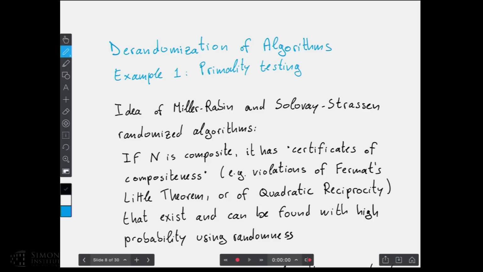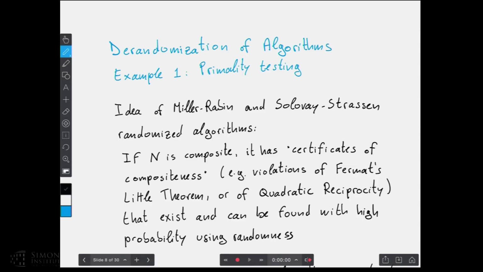One example is primality testing: given a large integer, check if it's prime or not, in time polynomial in the number of digits of the integer. The idea that came in the early 70s for randomized algorithms for this problem was that when a number is composite, there are various certificates of the fact that it's composite. Its factors are a certificate that it's composite.